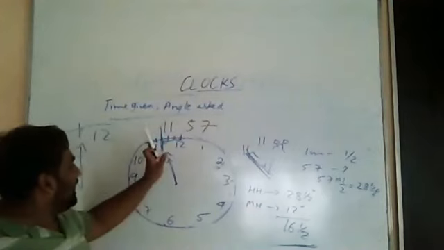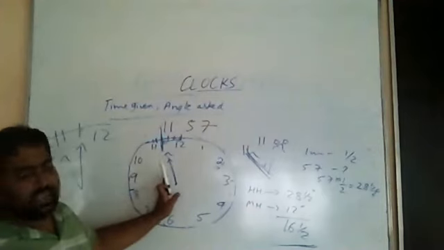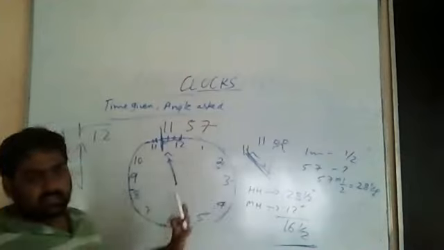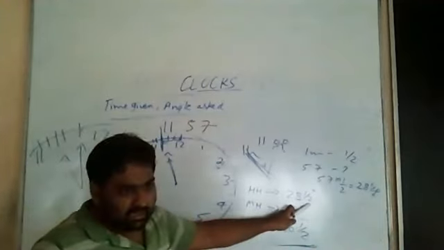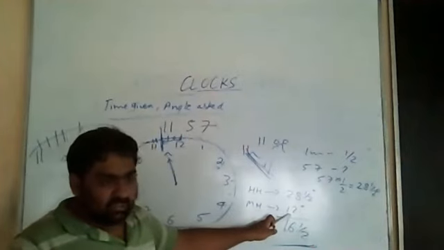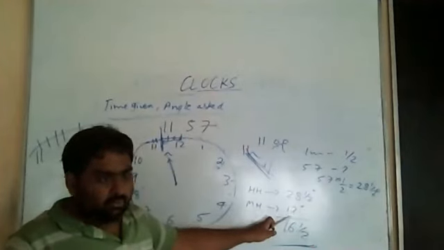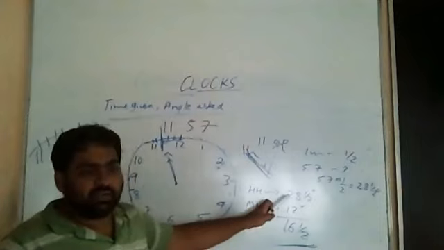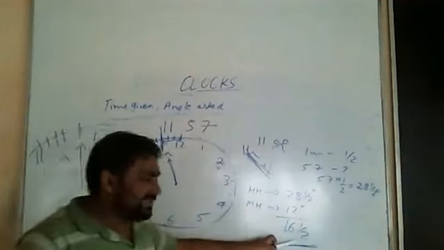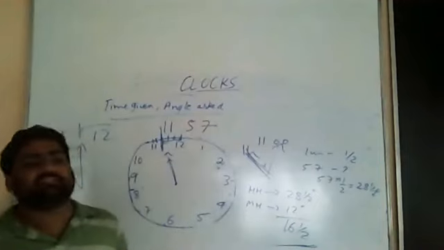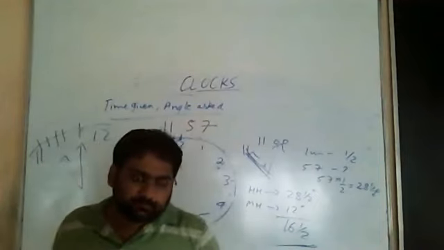That is why we take 11 o'clock as reference, and calculate the hour hand degrees and the minute hand degrees. Then we know the hour hand has traveled 28 and a half, the minute hand has traveled only 12, which means there is a difference. The hour hand is forward, the minute hand is backward. And that difference is 16 and a half degrees. Understood?